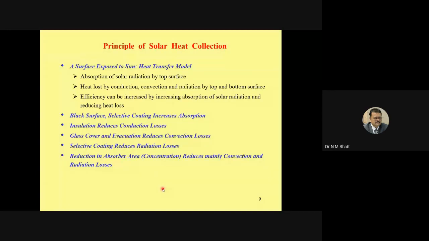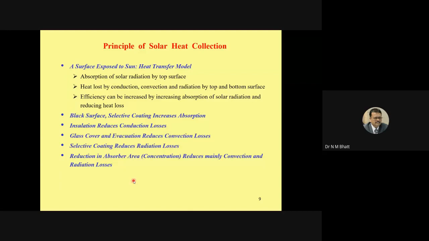So this mainly reduces the loss from the absorber surface. Of all the three losses, as I mentioned earlier, the major contribution is by convection and radiation. Since the concentrating collector reduces the absorber area and the loss is proportional to absorber area and absorber temperature, the convection and radiation losses are reduced.